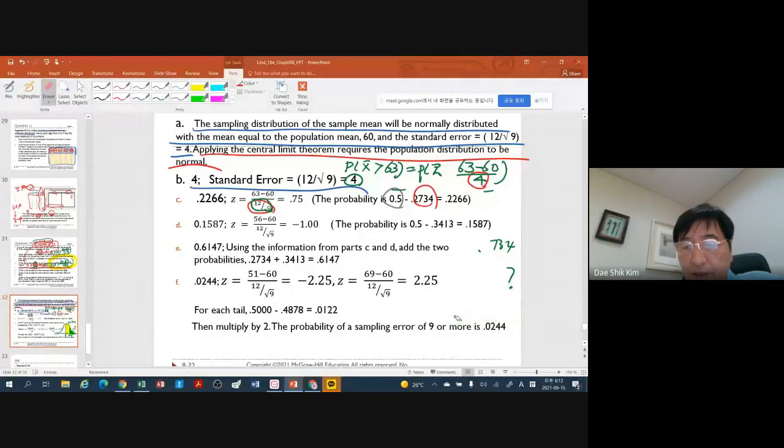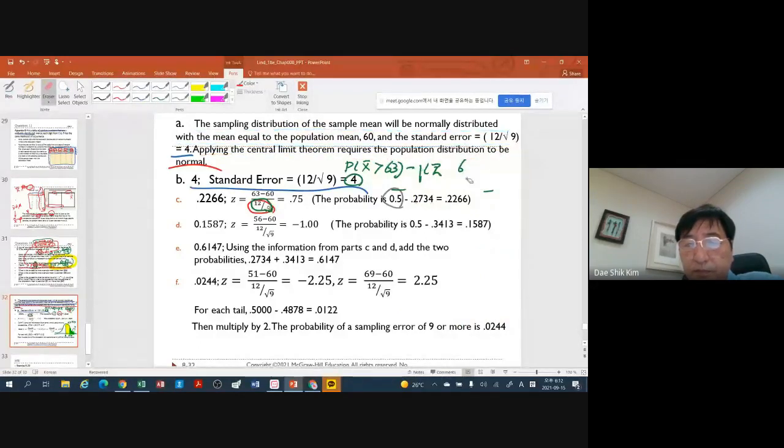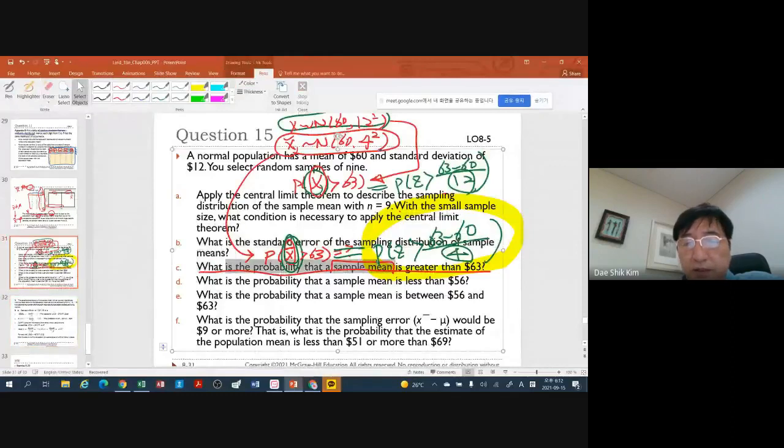And I erase this one. While I'm erasing this one, you may try to understand the important things.